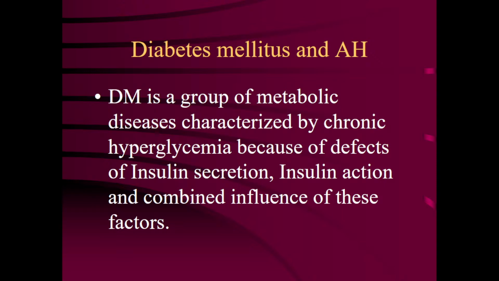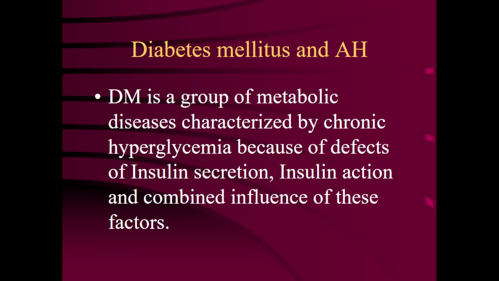You remember that there are 4 types of diabetes mellitus, and the most widespread type is diabetes mellitus type 2. Most of the diabetic patients suffer from the second type of diabetes mellitus, and relative insulin deficiency is characteristic for the second type.